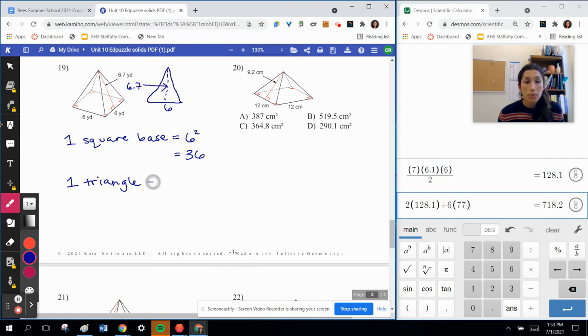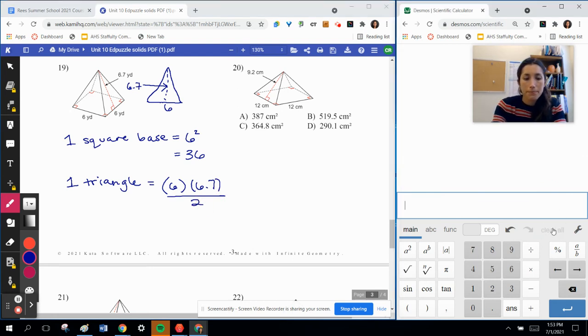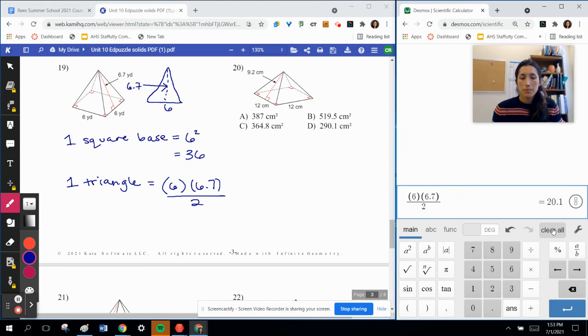So one triangle, remember, a triangle is base times height divided by 2. So it's 6 times 6.7, all divided by 2. So let's figure out what that is. It's going to be 20.1.